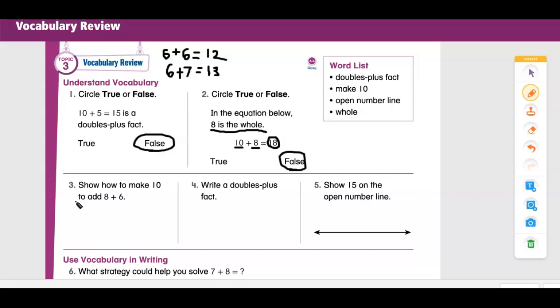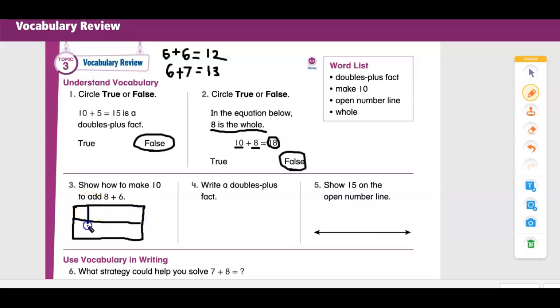For number 3, I'm going to let you decide how you would like to show how to make 10 to add 8 plus 6. I have said before how Mrs. Collier prefers to use a tens frame to show. So I will show how to use a tens frame, but if you would like to write an equation and do it a different way, that would be okay too, because this is our review.